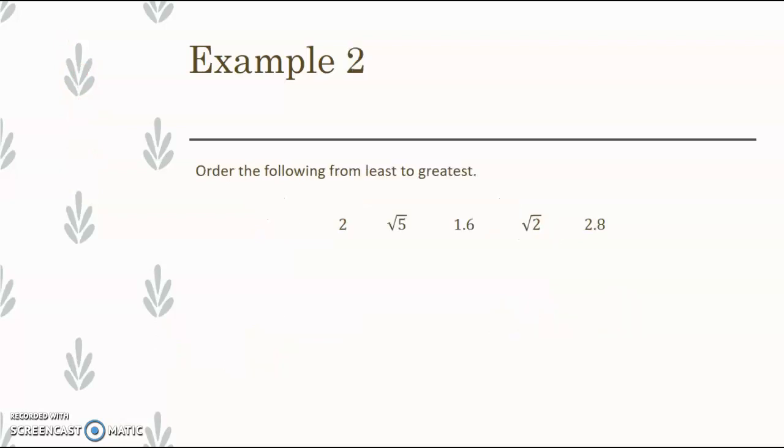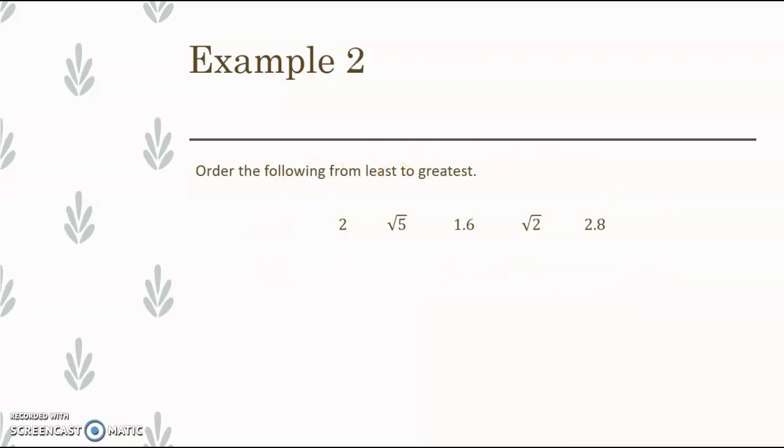So now moving on to example 2, we're going to order the following from least to greatest. The first thing you want to do is to get your decimals for any fractions or square roots. But when we go to write our answer, it has to be in the original form.